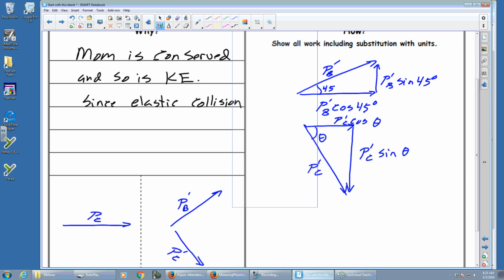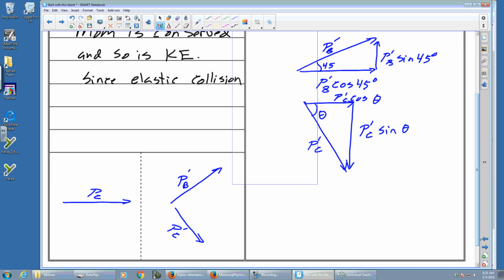So mathematically, you're going to come up with two equations with two unknowns to solve, and then substitute back in. You'll end up with an expression in both that has the unknowns.